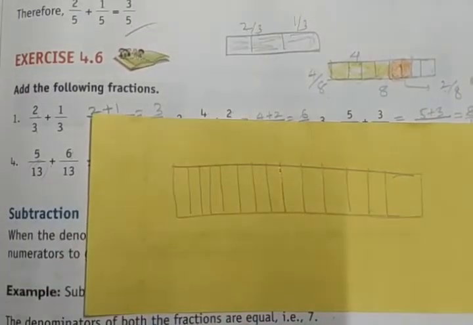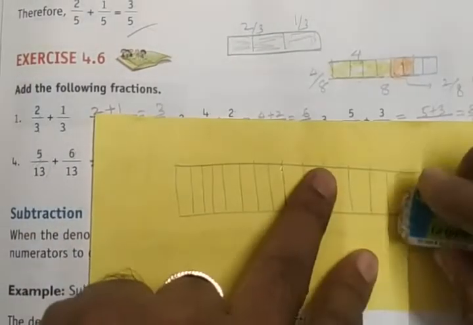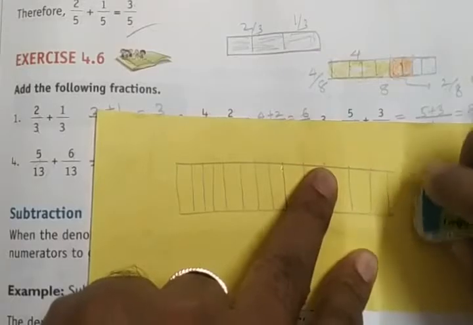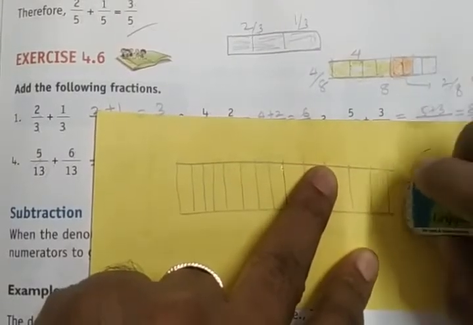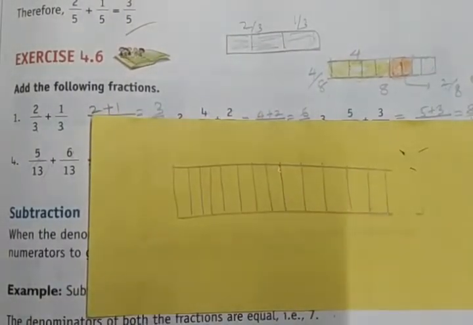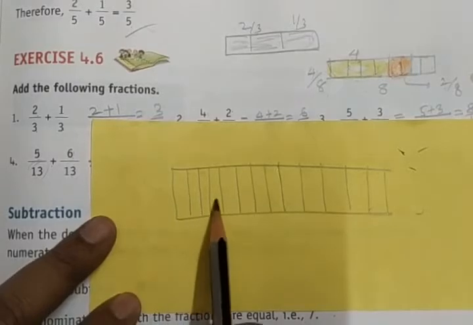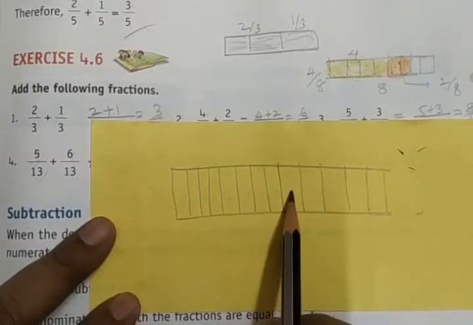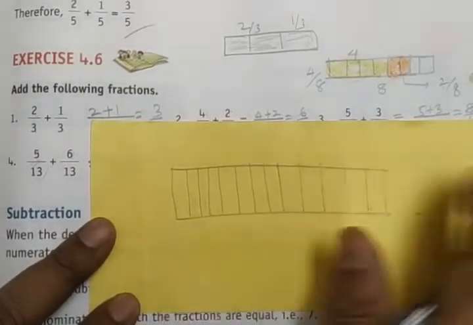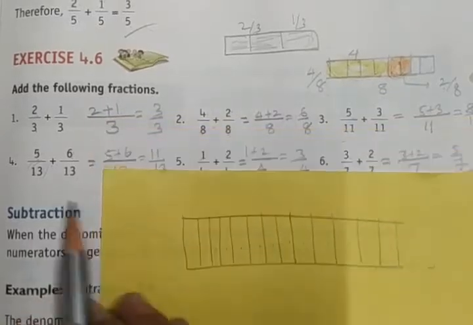Right. So one whole is divided into 13. One whole is made of 13 fractions.